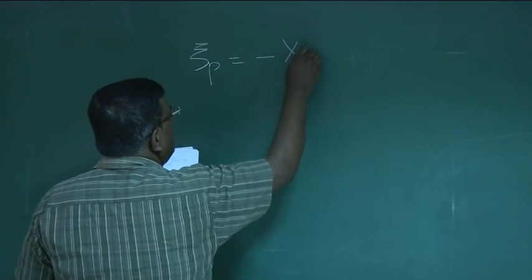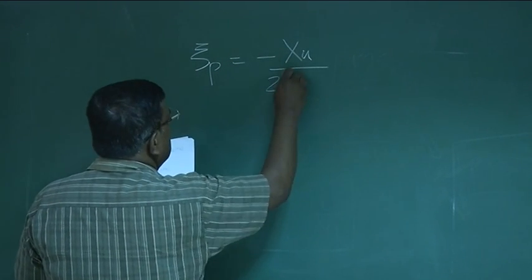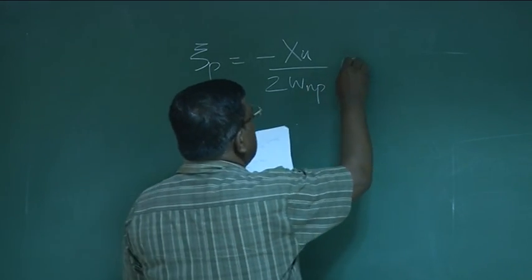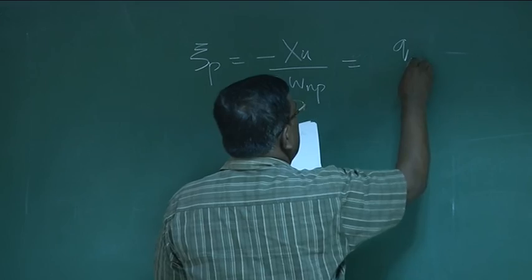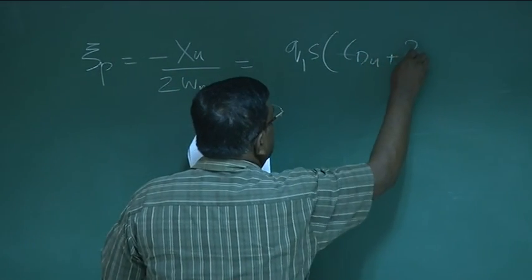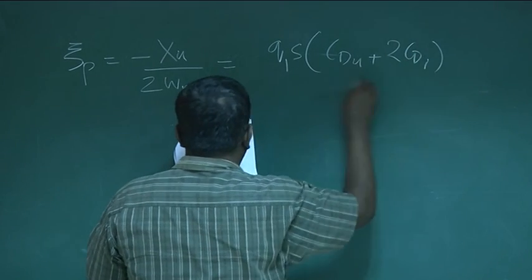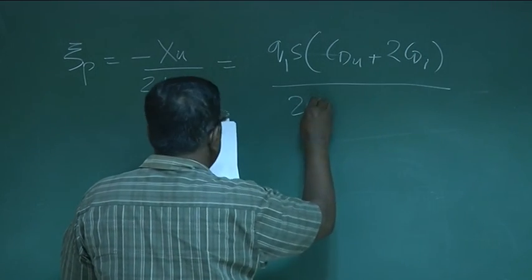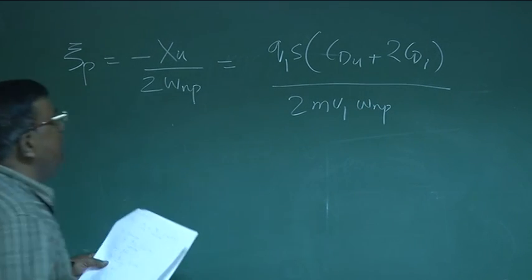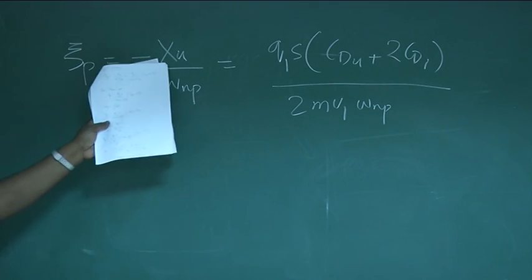See the expression zeta Phugoid we got as minus xu by 2 omega n Phugoid. And if I put the expression of xu, I get Q1 S CDU plus 2 CD1 by 2 m U1 omega n Phugoid. What has been done? We have substituted the expression for xu.